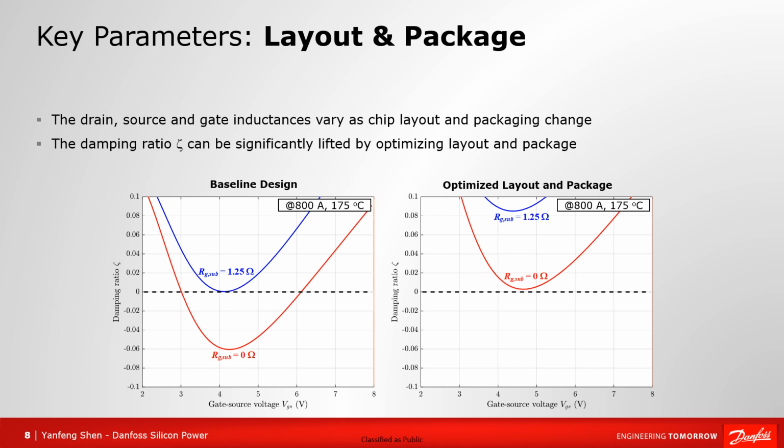We can see that the optimum design enables the silicon carbide power module to always operate in the stable area, even without substrate resistors. So, from this comparison, we can clearly see that chip layout and package have a significant impact on the stability performance of silicon carbide power modules.